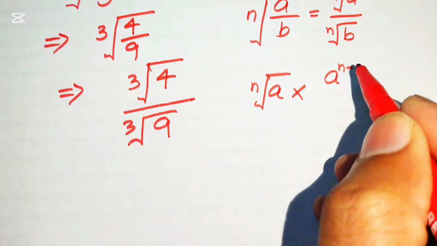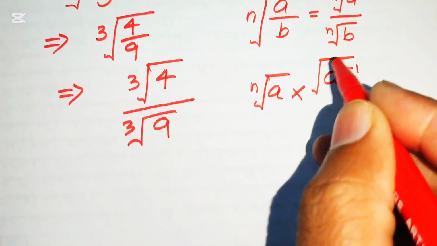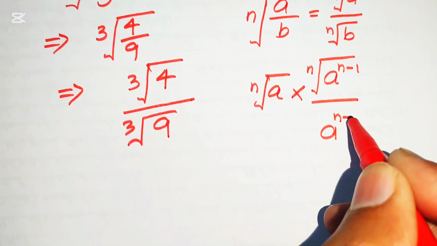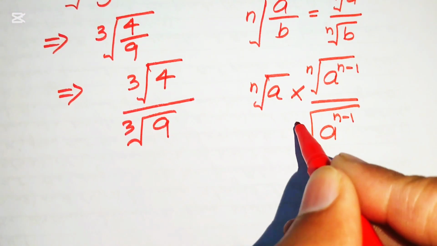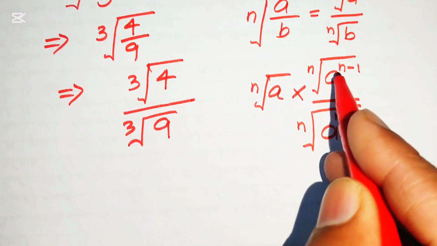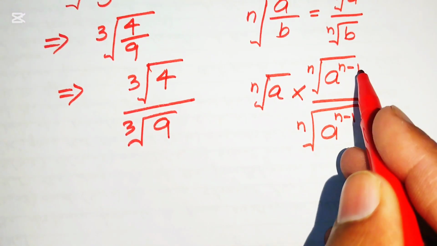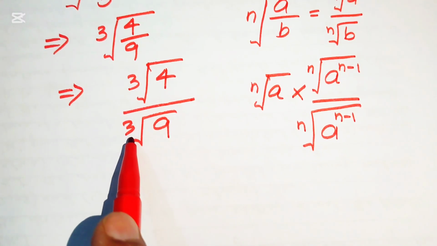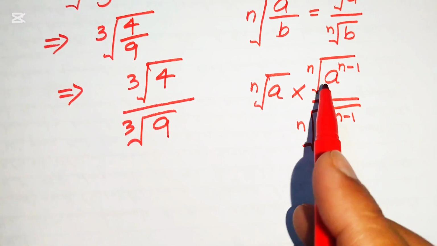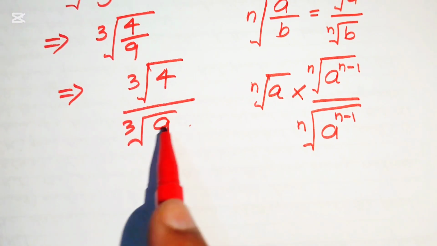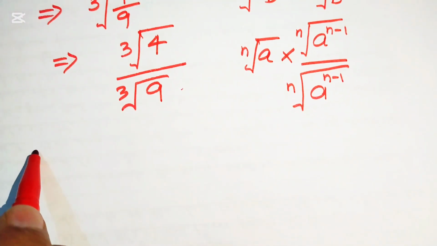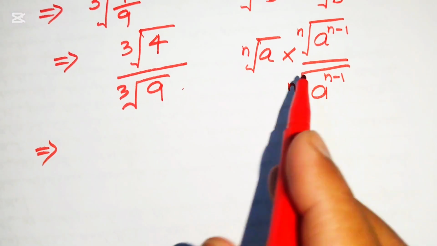We know that if you have the nth root of a, then we multiply this term by a to the power of n minus 1 under the nth root, and we divide by a to the power of n minus 1 under the nth root. In that case we have a cube root, so we write 9 to the power of 3 minus 1. We apply this radical law.